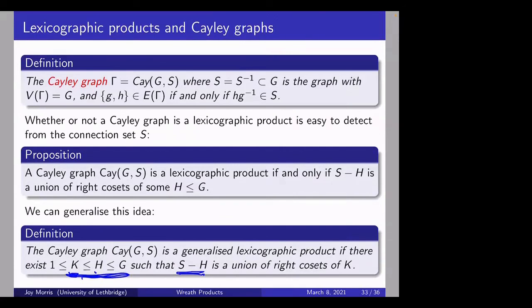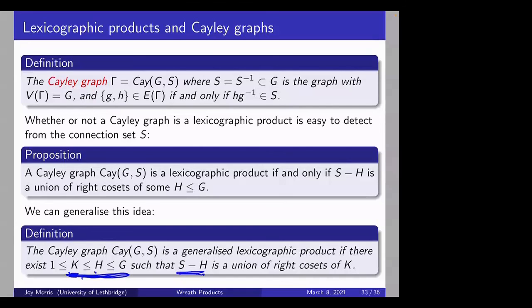The reason this idea comes up is in the work that I've done on graphs that are Cayley graphs on more than one group. These generalized lexicographic products arise there, particularly in Cayley graphs on P-groups that are also Cayley graphs on a cyclic group and also some other P-group.